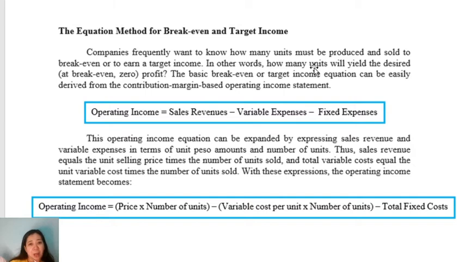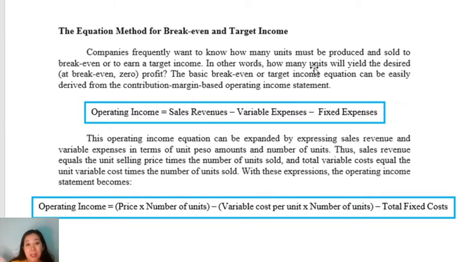So the basic break even or target income equation can be derived from our formula in the contribution margin based operating income statement. If you could notice, this is just the same as what we presented earlier in the illustration.